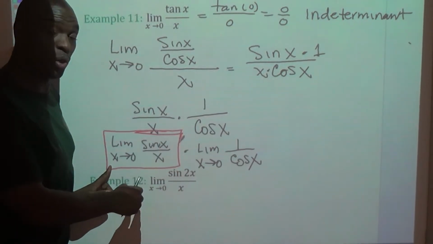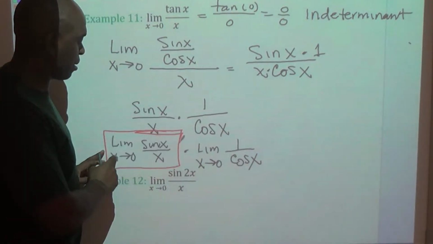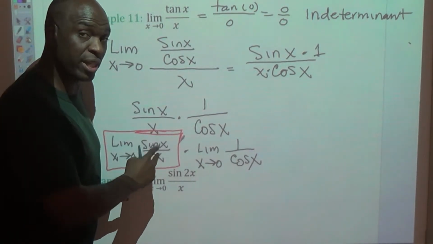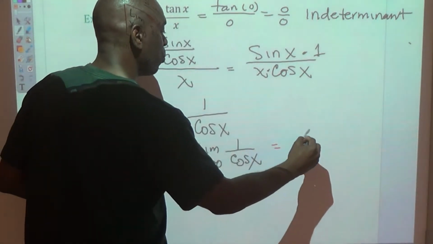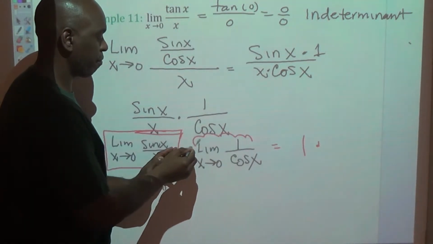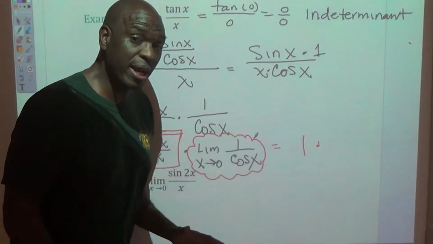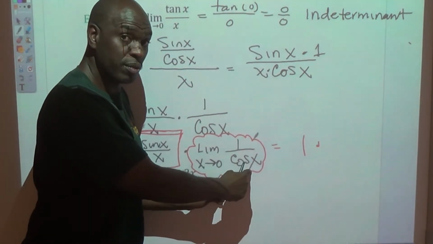This one here is one of the special trigonometric limits. The limit as x approaches 0 of sine x over x is 1. Okay? This is going to give me 1 times. Now over here, do direct substitution. Put in 0 for x.